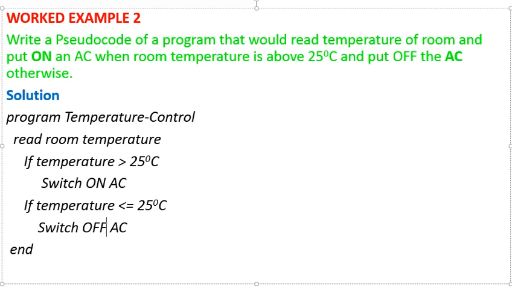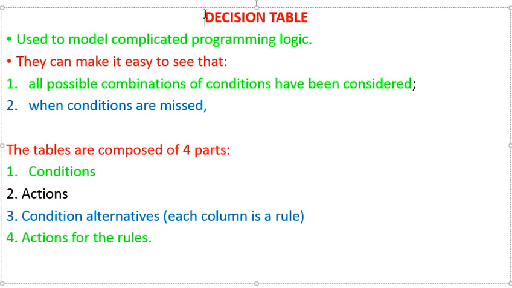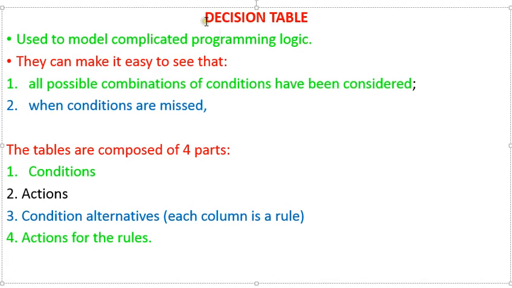Pseudocode is very simple. Now we go to the next item among the three things we use for planning a solution when writing a program, and that is decision table development. This decision table is used for modeling complicated programming logic. That is, whenever we are given a program that is somehow complex, we need a decision table to help us simplify it.